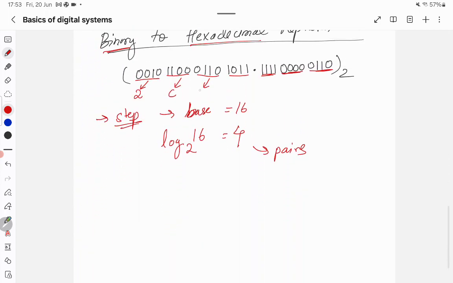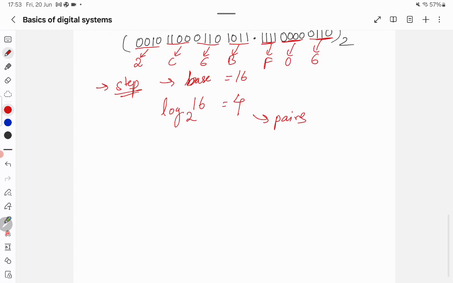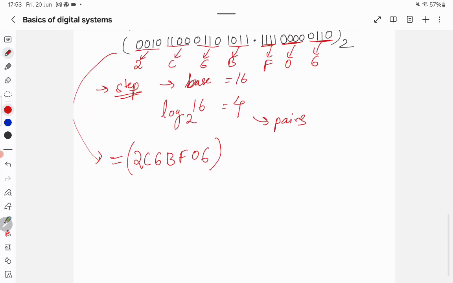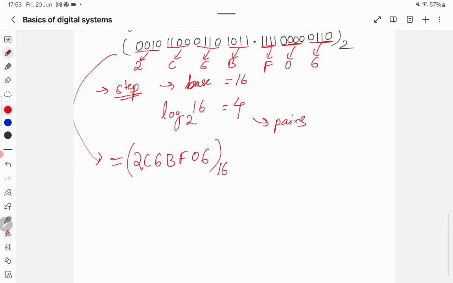This one is 6, this one is B, this one will be F, this one is 0, this one is 6. So if you write 2C6BF06, since we are converting from binary to hexadecimal, we will give the base 16.